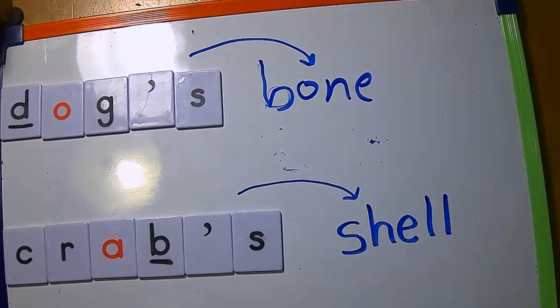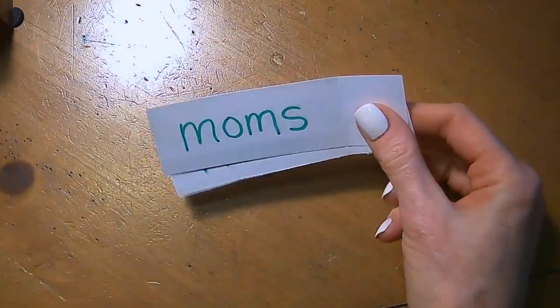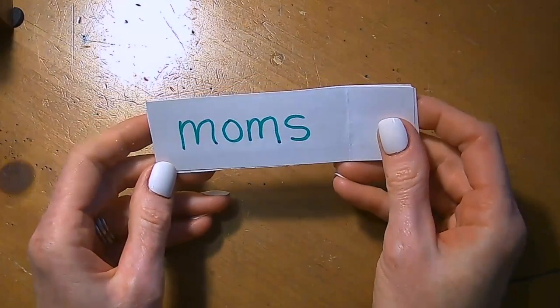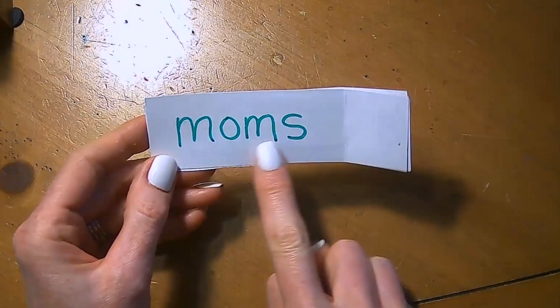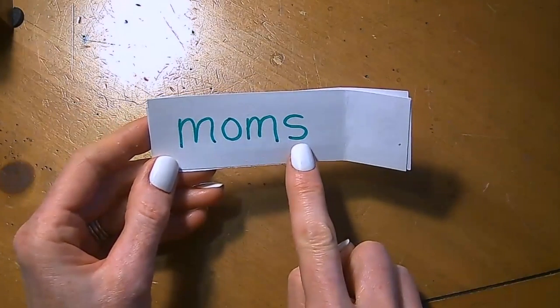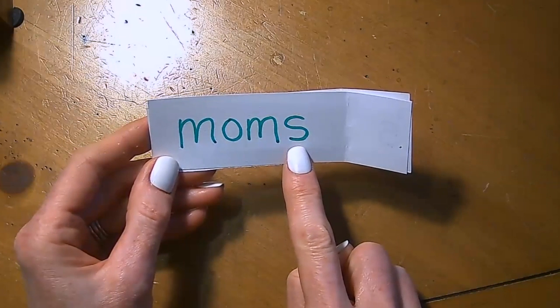You can also use flip cards to show the difference between plurals and possessives. This first one, we have the word moms. We have an S at the end because it stands for more than one mom. There were several moms in line to pick up their kids from school.